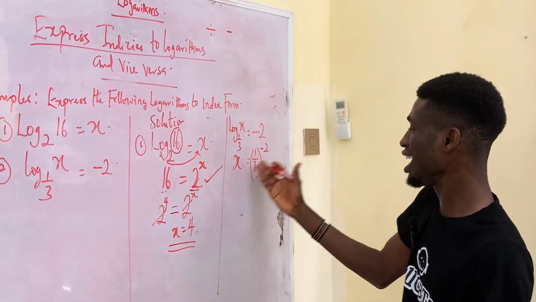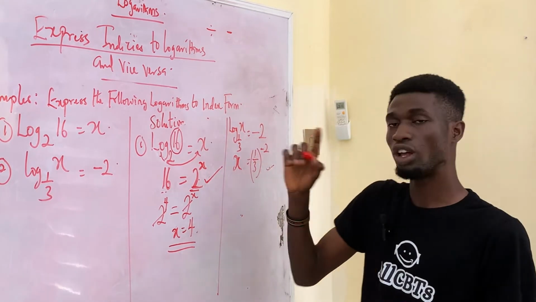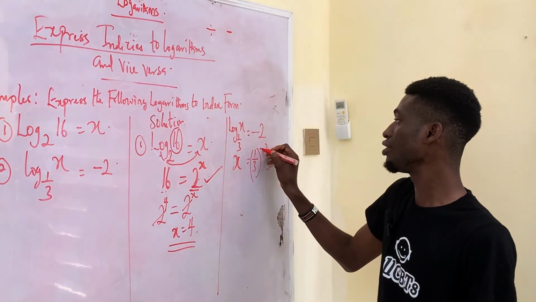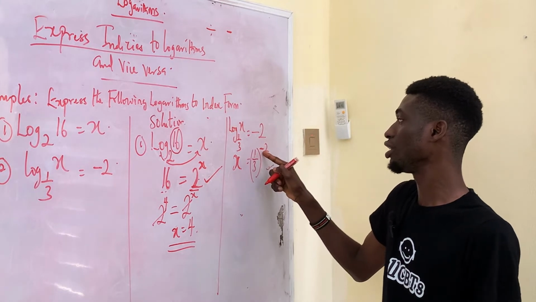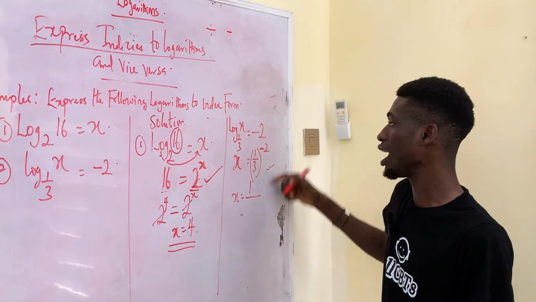But if you want, you can continue further to get your final answer for x using the law of indices we learned in the other class. Now, I told you that if you have your power as negative, x will be 1 all over the number itself.